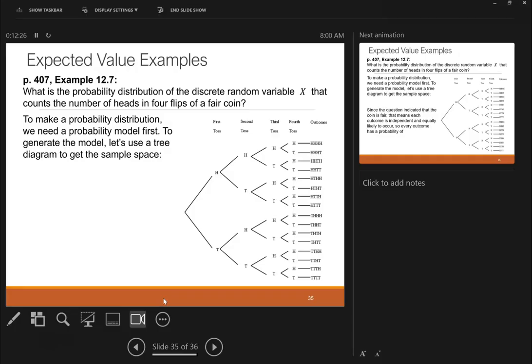If I look at the top branch, I got heads, heads, heads, and heads. So that's my 4-head situation. Where I got heads, heads, heads, and tails, that's a 3-head situation. By doing this, I've enumerated all the possible different ways that flipping 4 coins could turn out, right? Everybody's good?